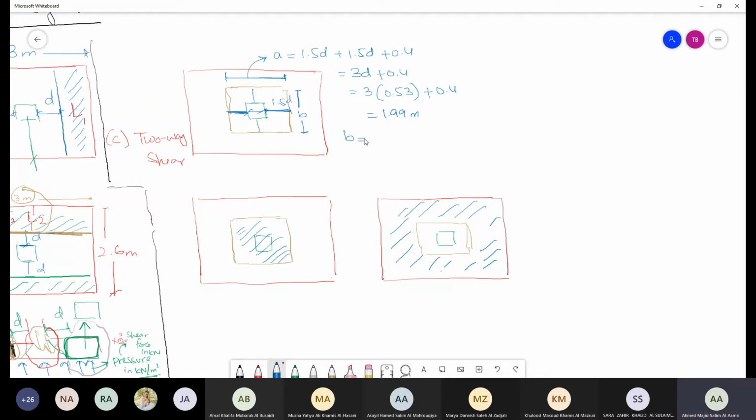Once again, my B value is 1.5D plus 1.5D plus the column, which is 400 as well. So in this scenario, my A and my B are the same. Now, in which scenario will your A and B not be the same?